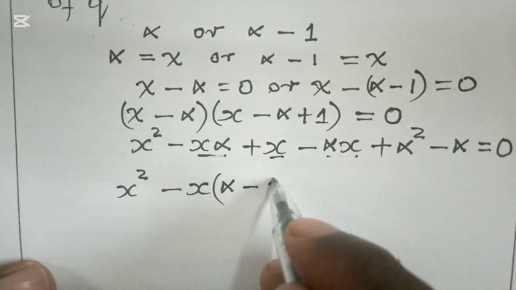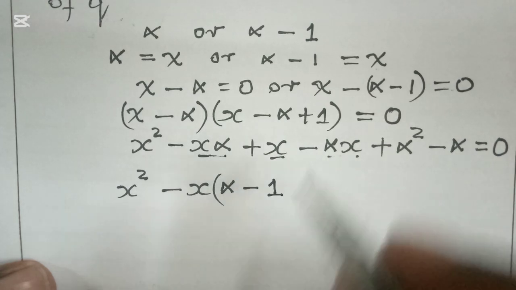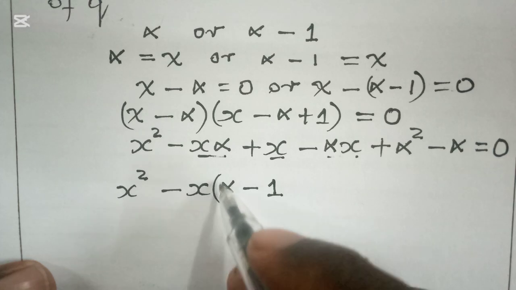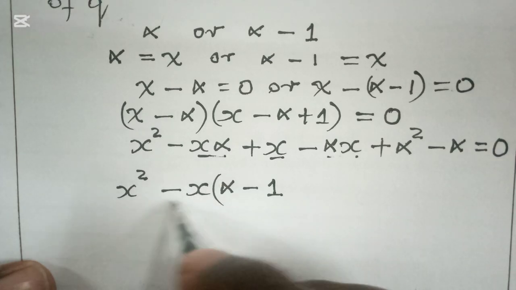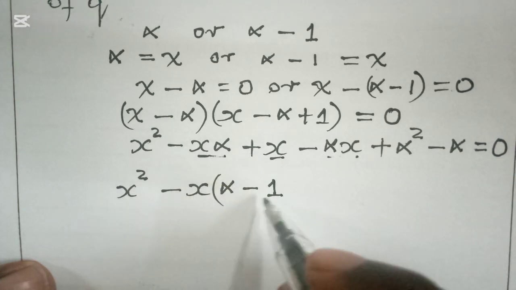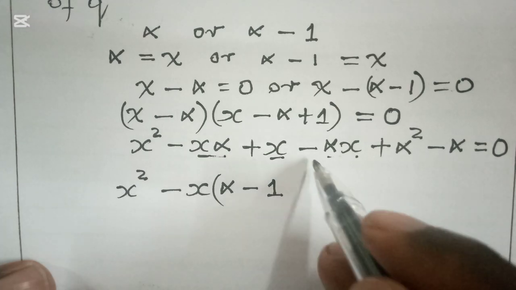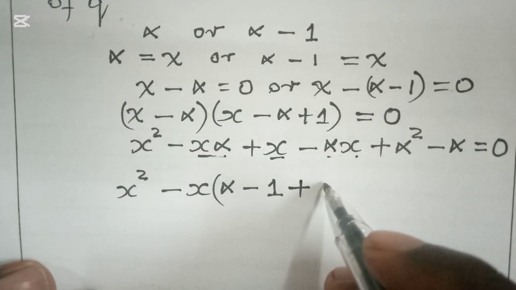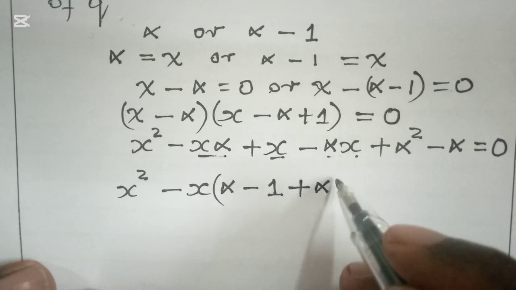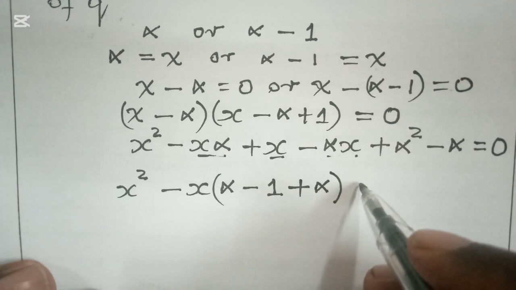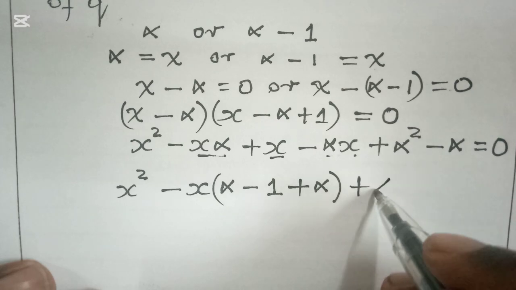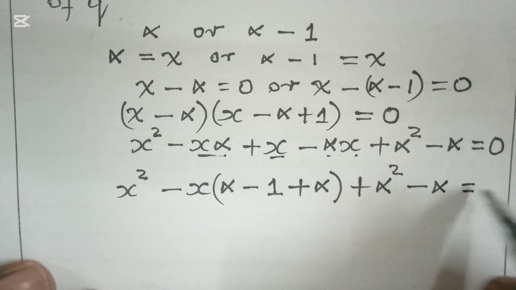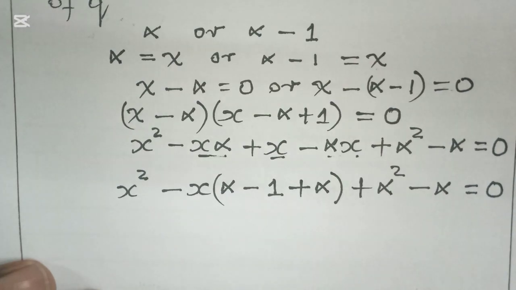Then this is going to be 1. And this is also because of the bracket and also the negative sign. So this is going to be negative, and this is going now to be plus alpha. Plus again, we are going to have alpha squared minus alpha. This is now equals to 0.